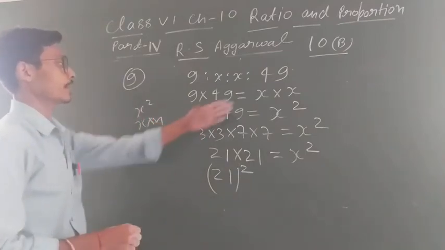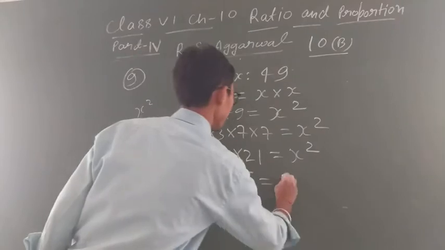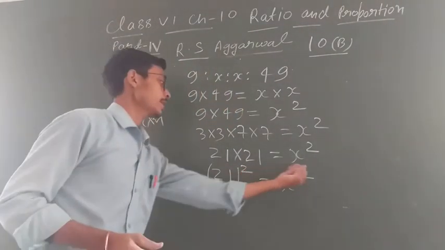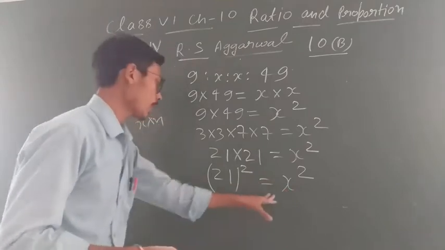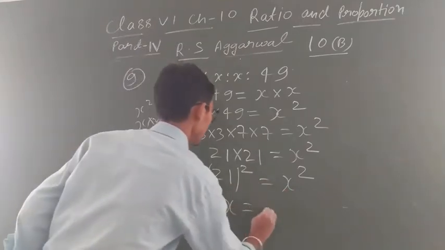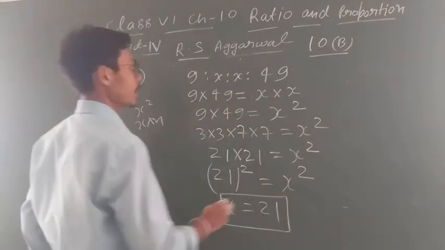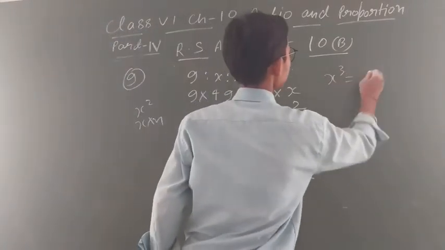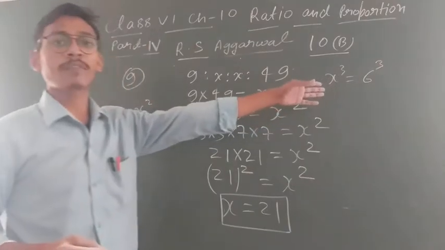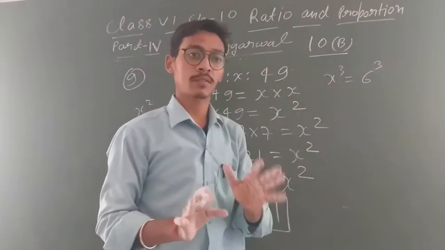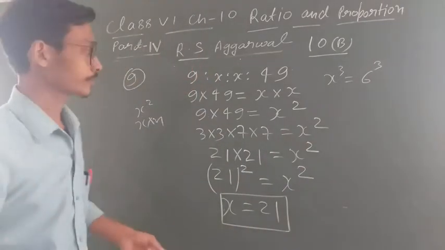You know that very well. Look here, I have written x square. Now you can compare, student. Look, this 2 and this 2 are common. So what is the value of x, student? The value of x is simply 21. For example, if it is given x to the power 3 and 6 to the power 3, here you can find out the value of x. You can write down x equal to 6 very easily. Clear, everyone? Okay?